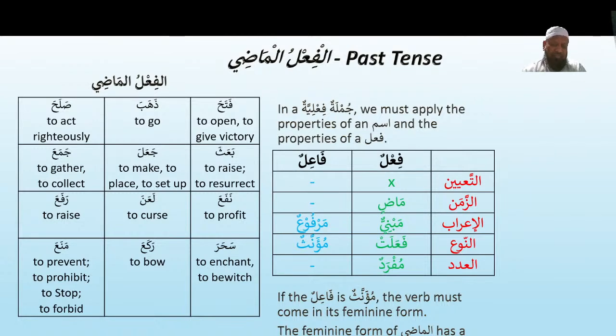One verb has many meanings. جمع, to collect. نفع, profit. لعن, to curse. رفع, to rise. سحر, to enchant or to bewitch. ركع, to bow. منع, to prevent, to prohibit, to stop, to forbid.